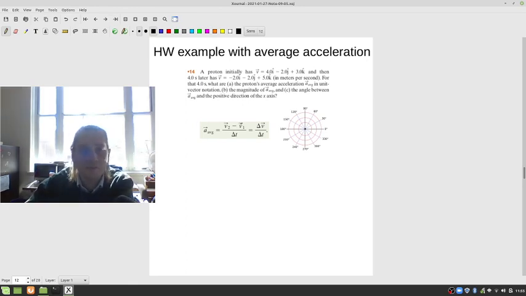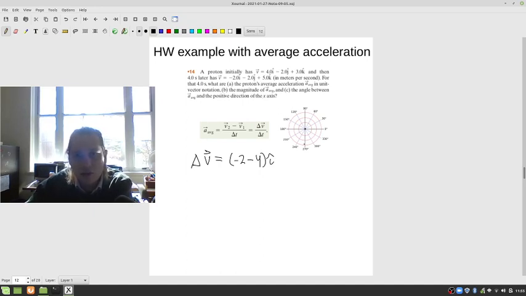Okay, so the delta v is going to be the last velocity minus the first one. In the x direction, we end up at minus 2 minus 4. So that's my change in velocity in the x direction.